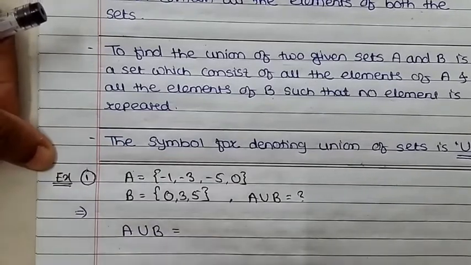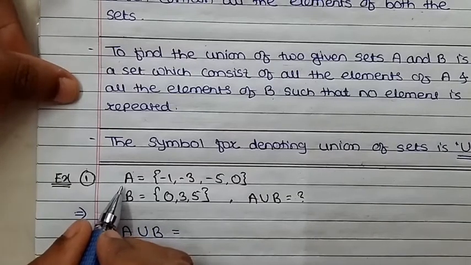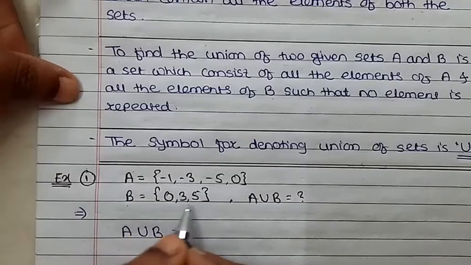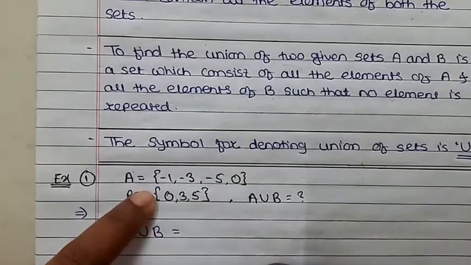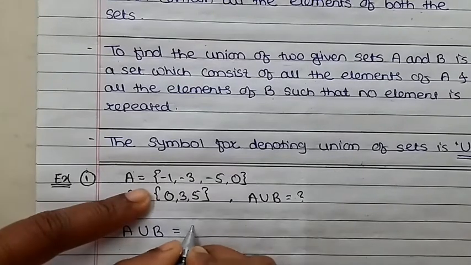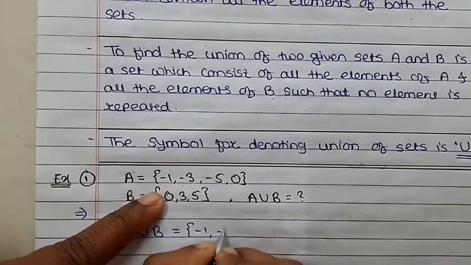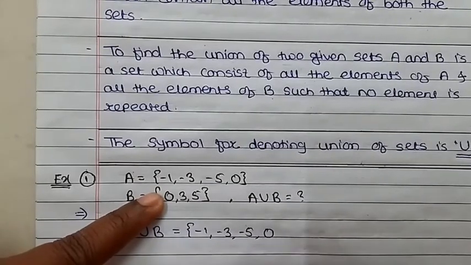What is meant by A union B? All the elements from the first set are written down as it is, and all the elements from the second set are written down as it is, but no element is repeated. So how to write down here? The elements of A, that is -1, -3, -5 and 0.